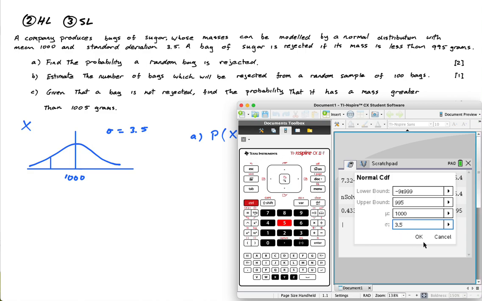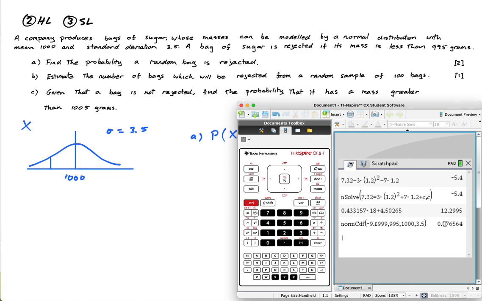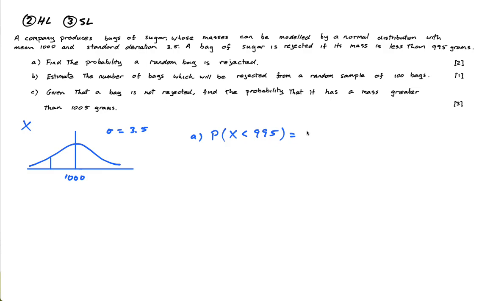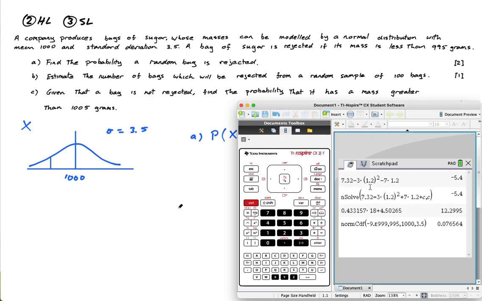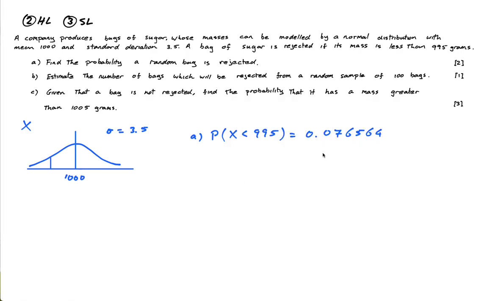That's what you put in the calculator. Press OK. And I get 0.076564. If you want to write this as 0.0766 to 3 significant figures, that's obviously fine. But remember, guys, you get full marks for both.